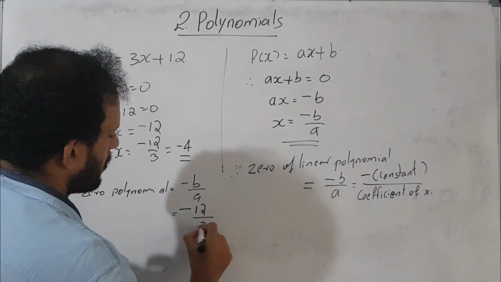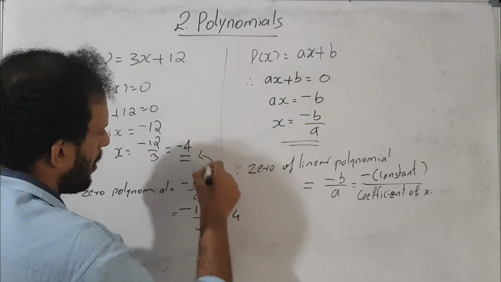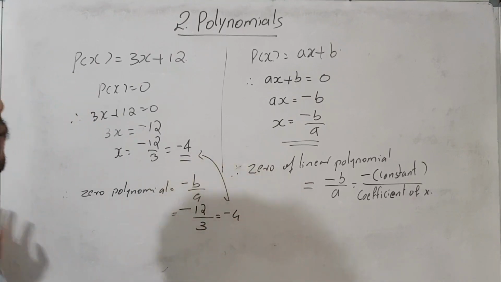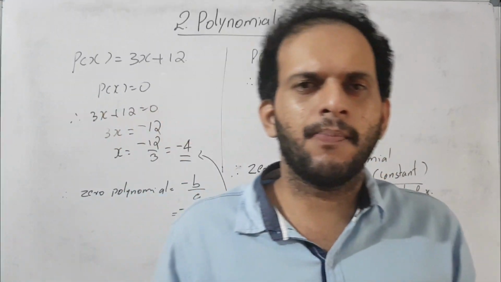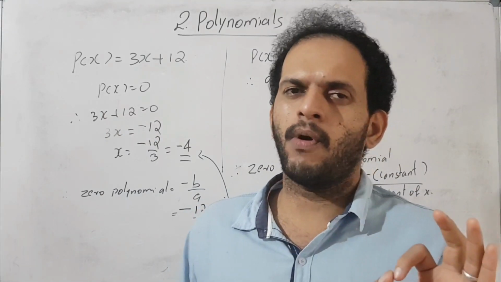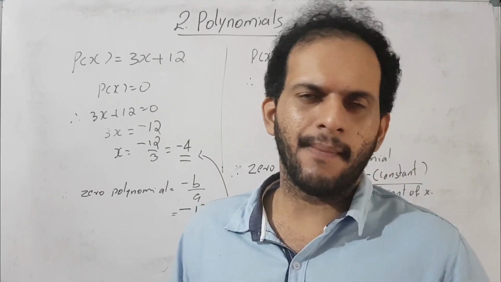So minus 12 by 3 is equal to minus 4. That is the same, correct? Here also minus 12 by 3. Then it is possible to find the 0 of the linear polynomial directly by using the equation: the 0 of the polynomial is equal to minus b by a.